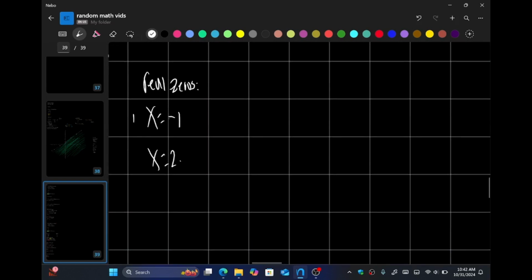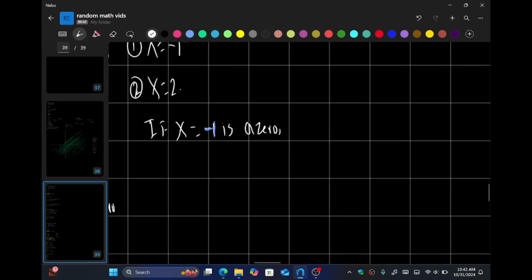So these are the real zeros, guys. So if x equals -1 is a 0, right? So if we add 1 to both sides, right? And actually, I'm sorry.